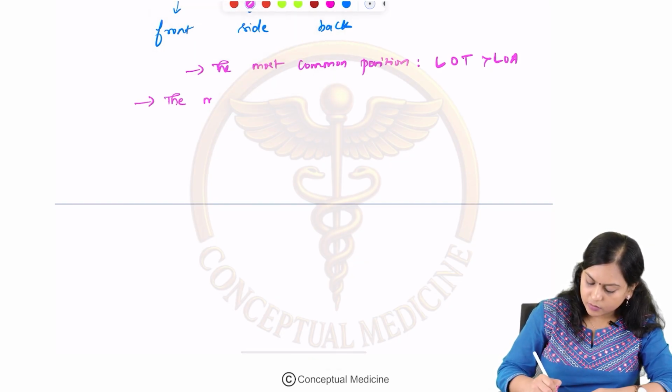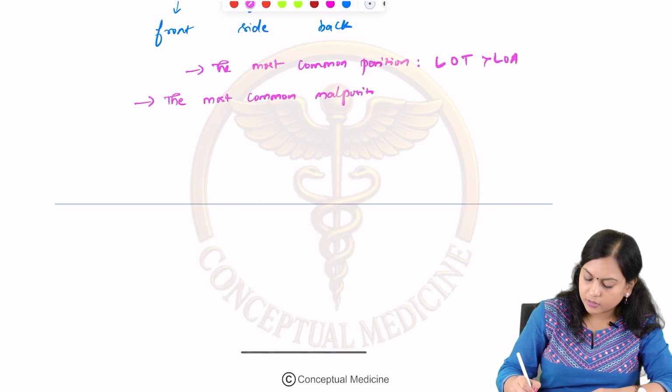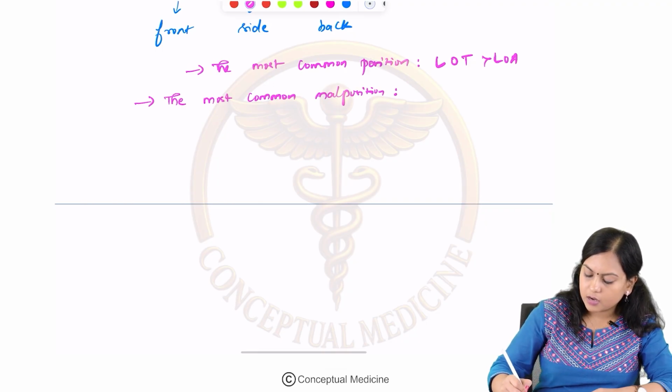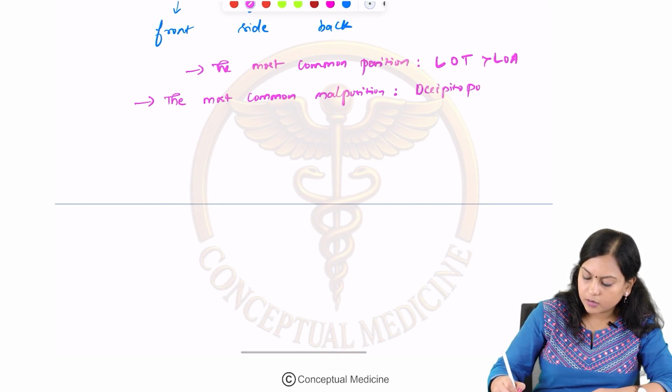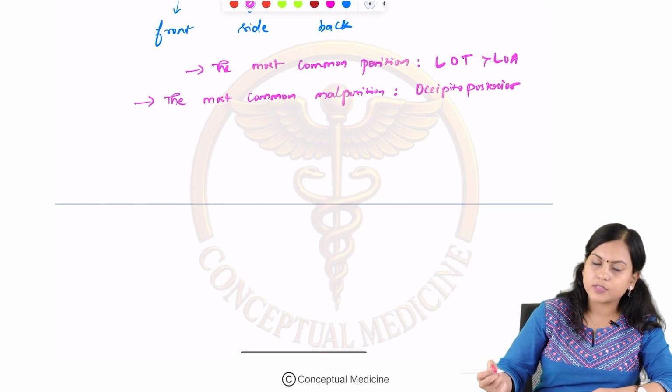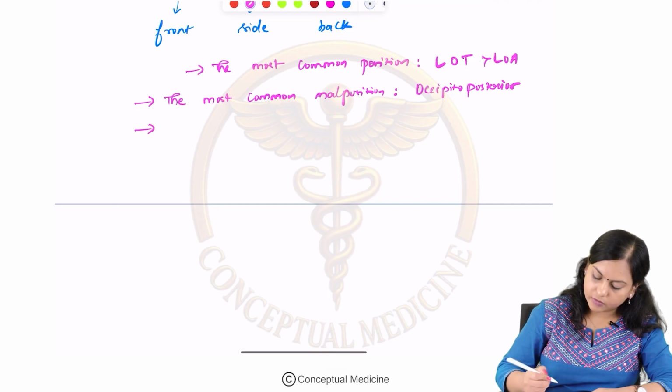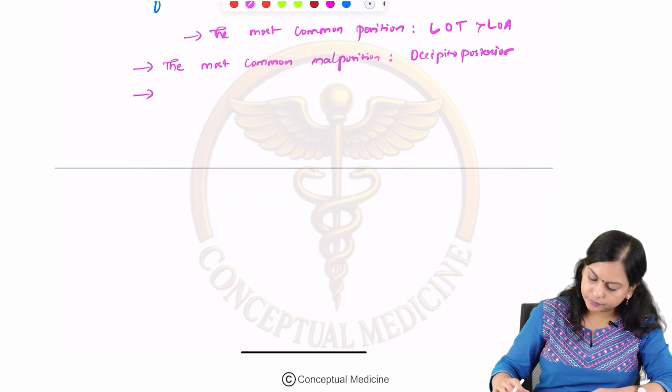The most common mal position is occipito posterior.